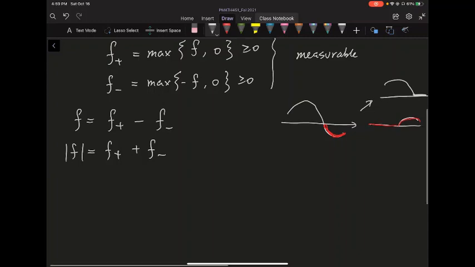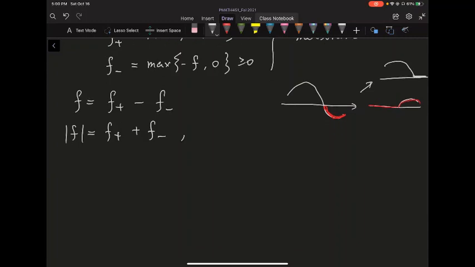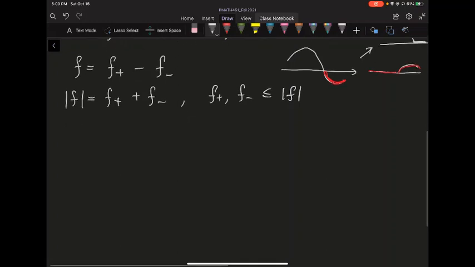That's very nice. In particular, we can see that f plus and f minus are both bounded above by the absolute value of f.